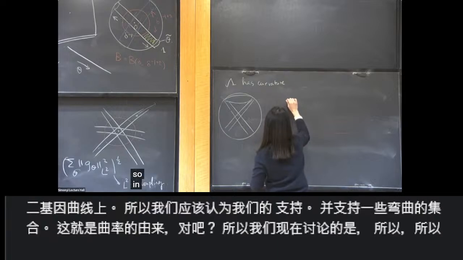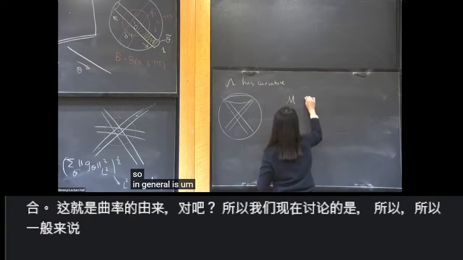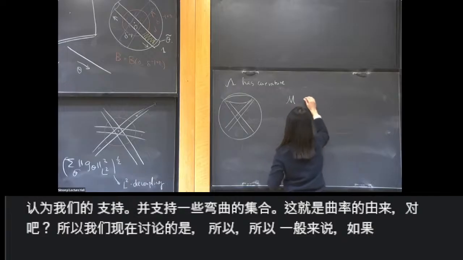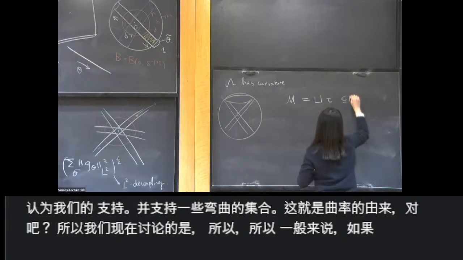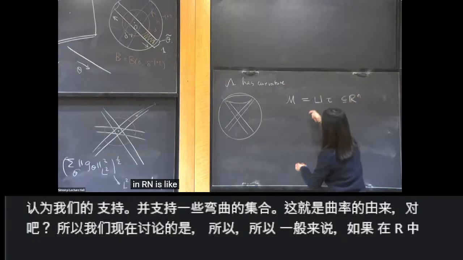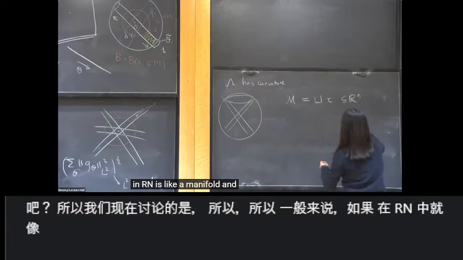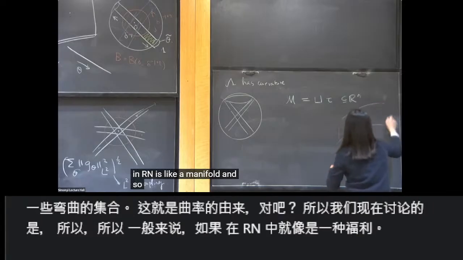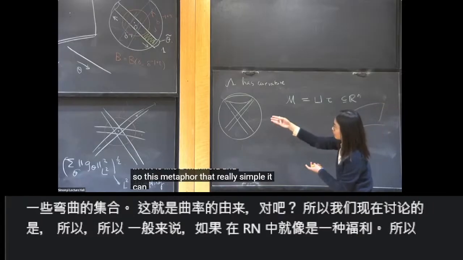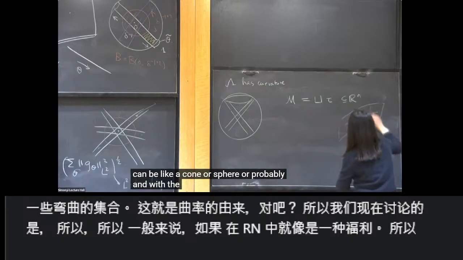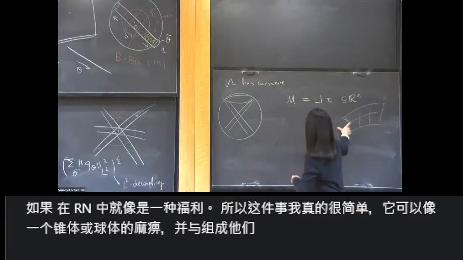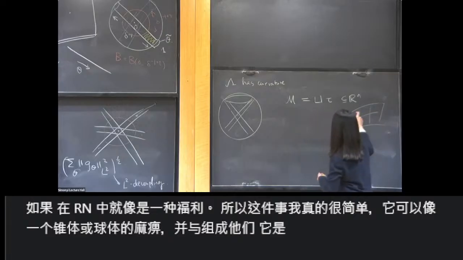So in general, if M in R^n is a manifold, and those manifolds are really simple, it can be like a cone or sphere or paraboloid, and we decompose it into a disjoint union of tiles.